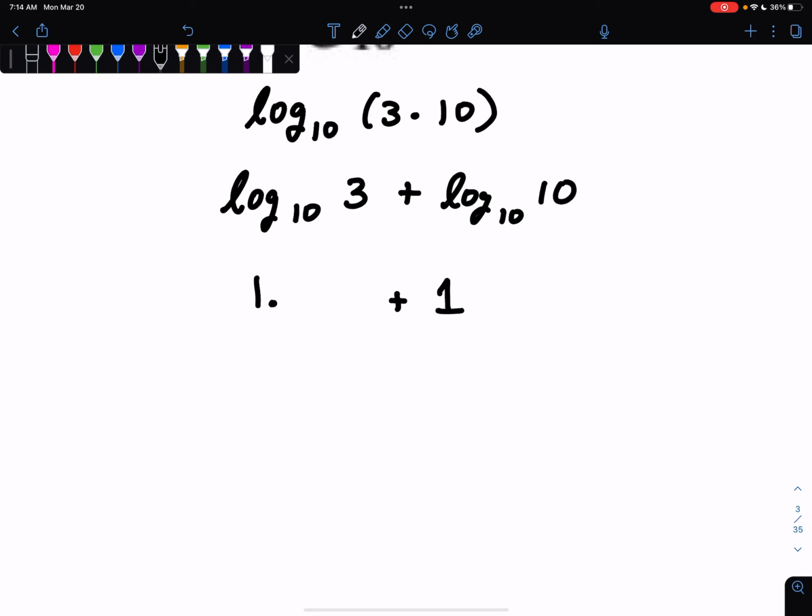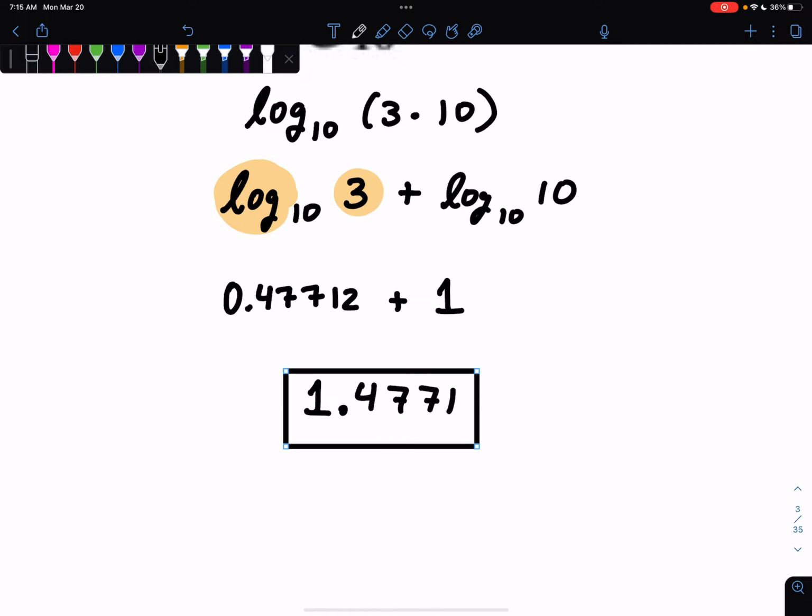So I'm going to have that's 0.47712. And you would get this number by just pushing the log button on your calculator. Just put log 3. Your calculators already have base 10. So if it's a base 10, your calculator can do it just fine. If it's anything other than base 10, you have to actually divide them in your calculator. This will be 1.4771, and you're going to leave it with 4 decimal places.